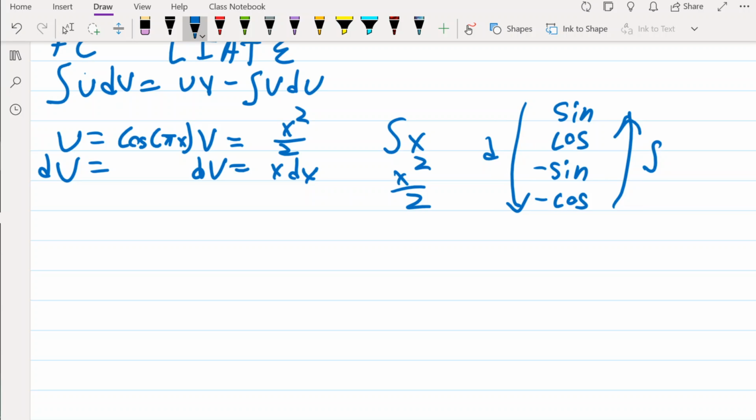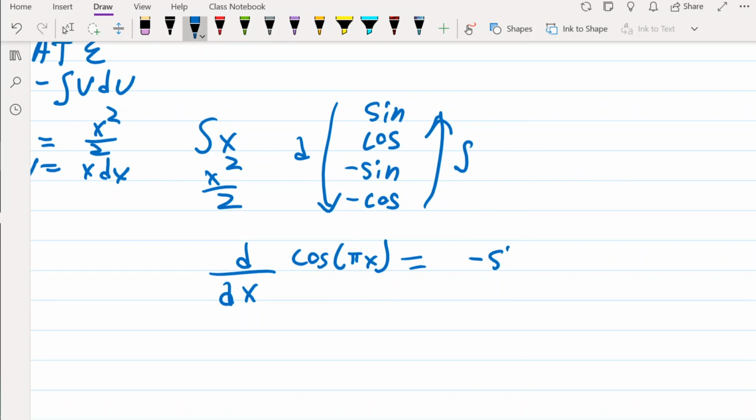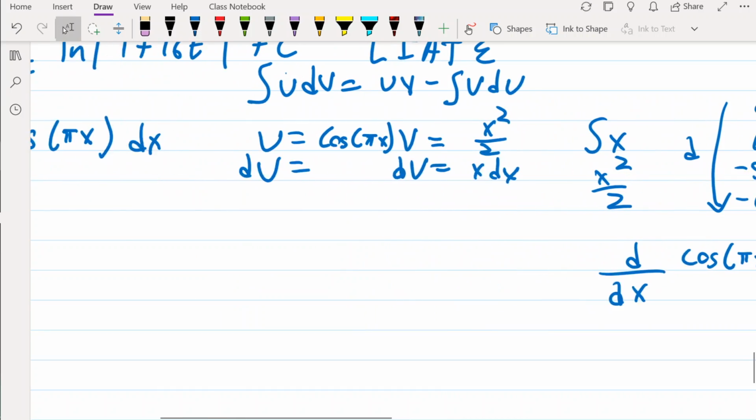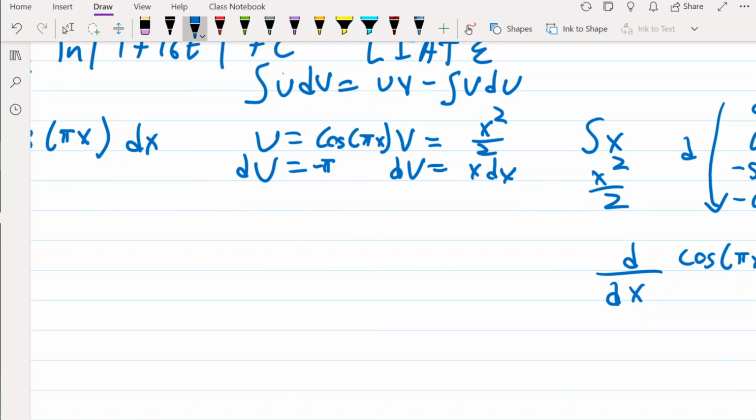When we take the derivative of cosine of pi x, it's going to be opposite sine of pi x times pi, for the chain rule. So we have opposite pi sine of pi x, and then we just get that dx in there.